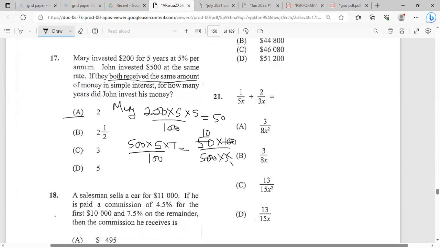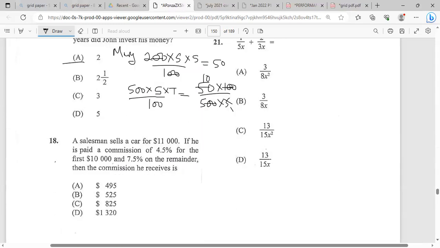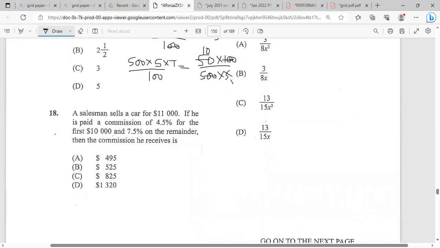A salesman sells a car for $11,000. He's paid a commission of 4.5% for the first 10,000 and 7.5% for the remainder.